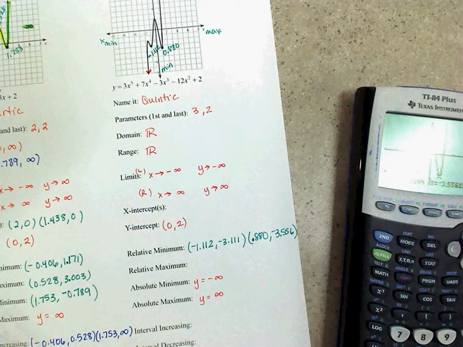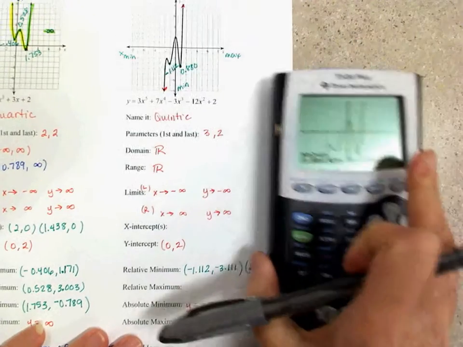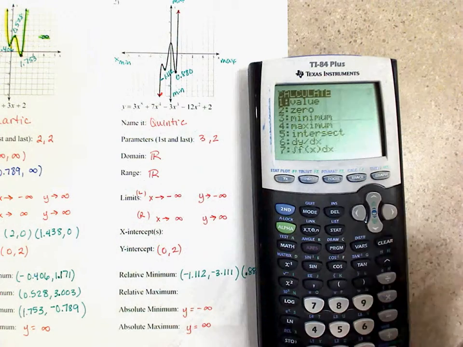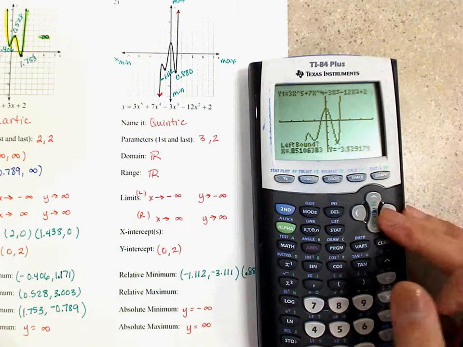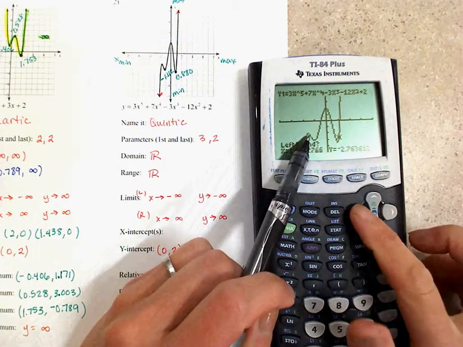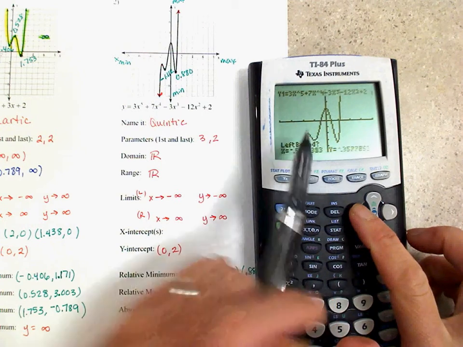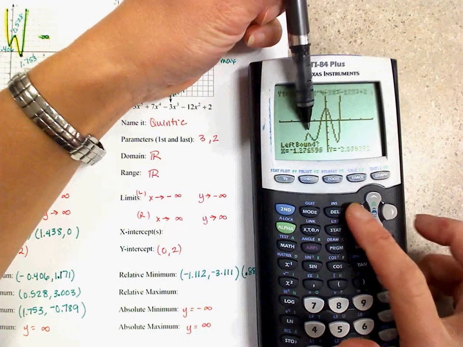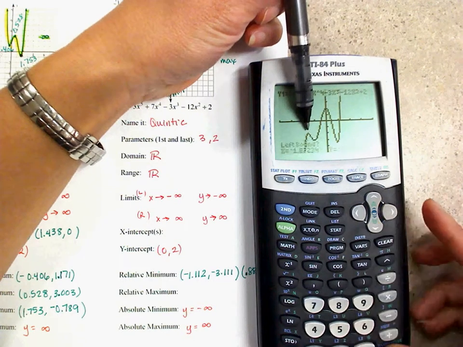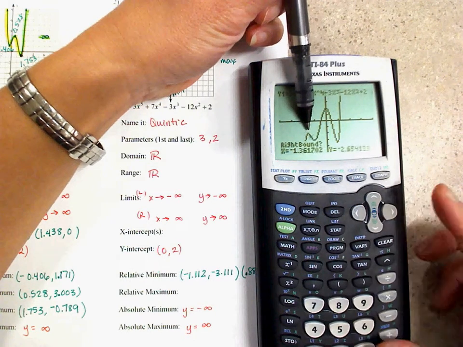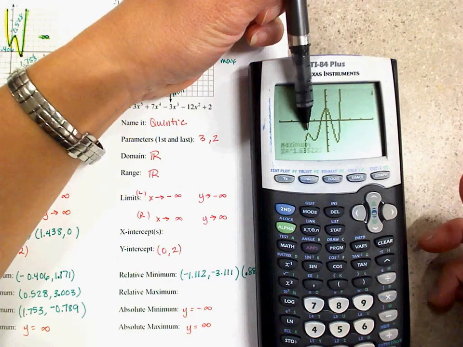All right, let's go find our relative maximum now. Okay, second calc, don't need to redo it. Go number 4. We're going to find this one first. Okay, so let's go to our left side of that point right here. Left bound, right bound. See the word maximum? So you know you got it right.